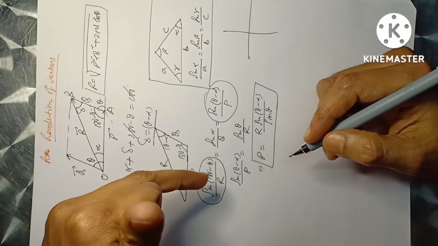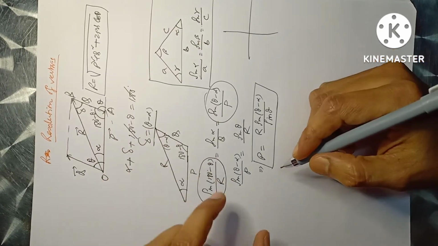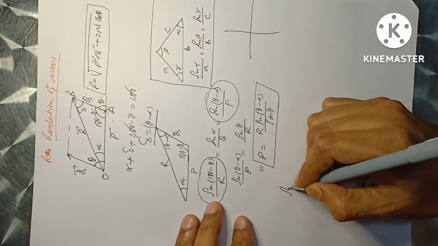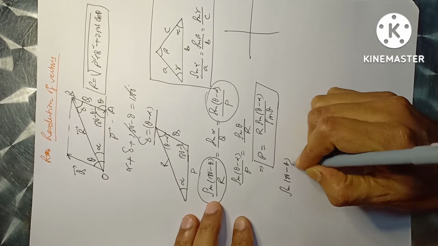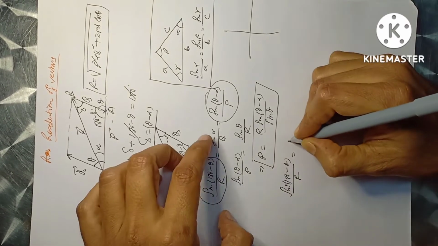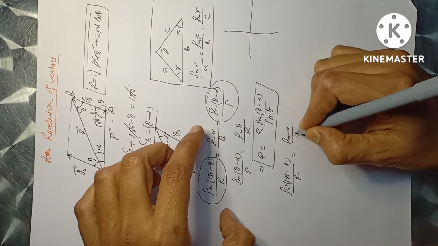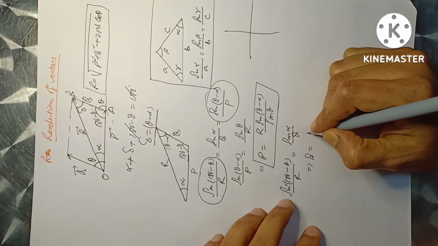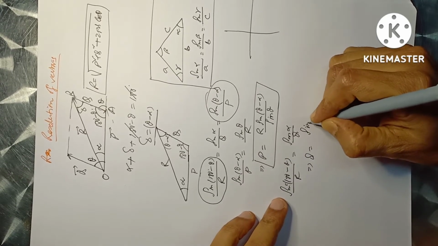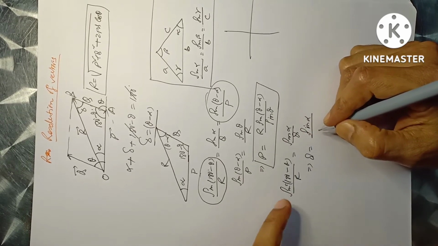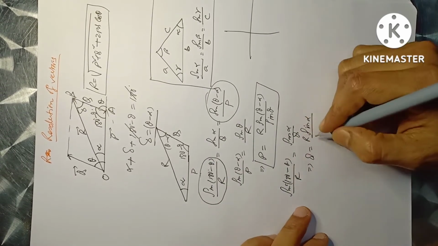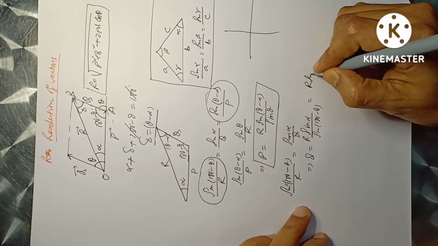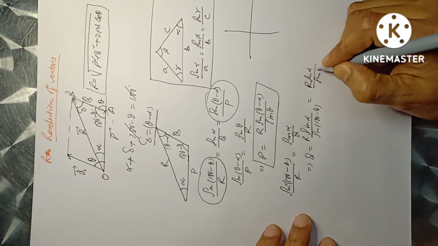Another formula comes from sin of 180 minus theta divided by R equals sin alpha divided by Q. So from this relation we get Q equals R sin alpha divided by sin of 180 minus theta, which equals R sin alpha divided by sin theta.